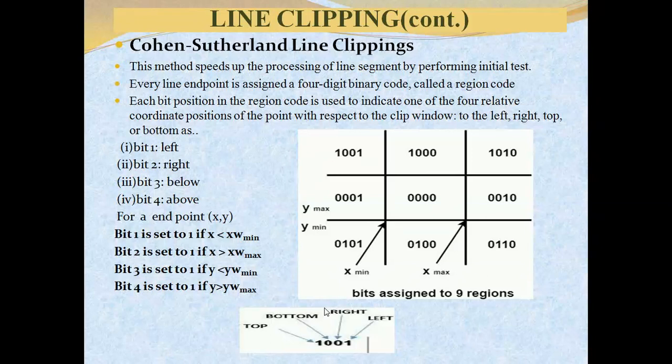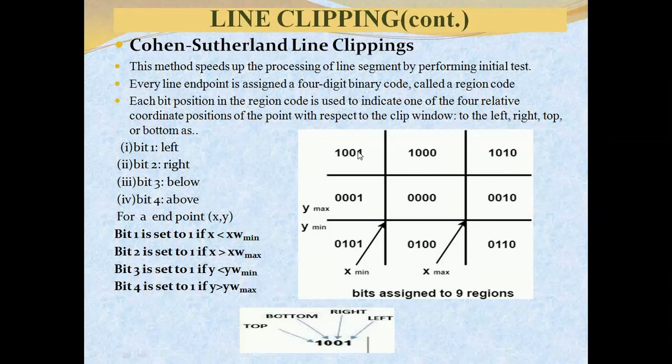Each bit position of the 4-bit region code defines a region around the clipping window, and the 4-digit region code is specified from right to left. The rightmost digit is left, then right, then bottom, then top, according to the figure. We consider the MSB on the left and the LSB on the right-hand side, reading right to left.